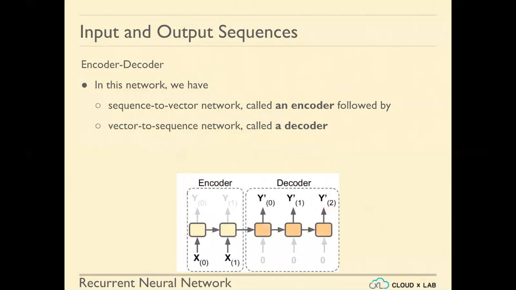If you combine these sequence to vector and vector to sequence networks, we basically call it the encoder decoder pattern. In this network, we have a sequence to vector called the encoder, followed by a vector to sequence network called the decoder.